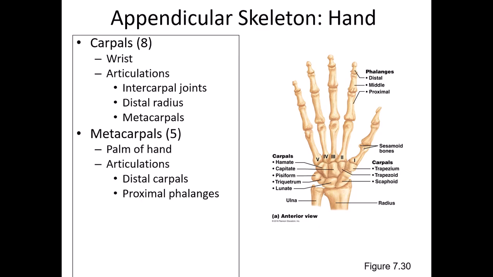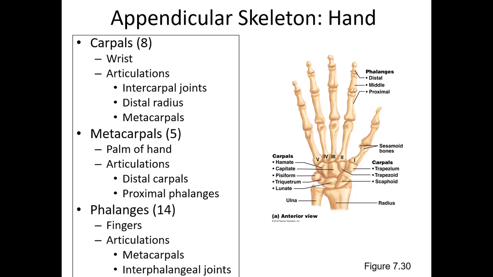You have 5 metacarpals. Again, these are making up the palm of your hand, and they articulate with the distal row of carpals as well as the proximal phalanges. The articulation between the metacarpals and proximal phalanges, those are your knuckles. So you can follow along on your own hand looking at the joints.